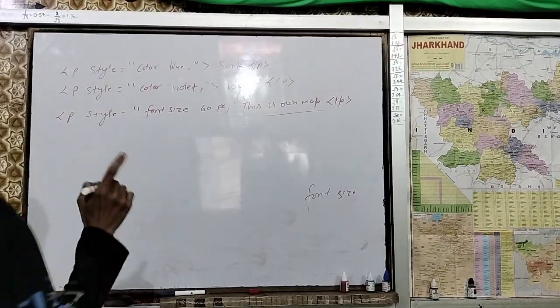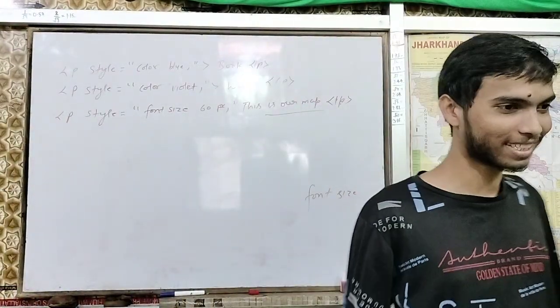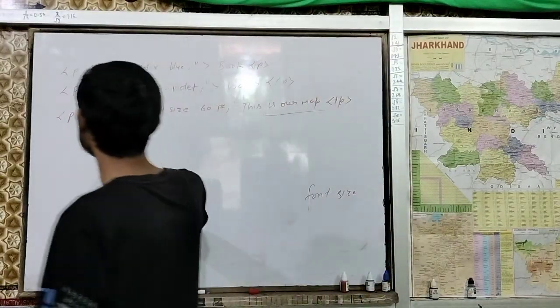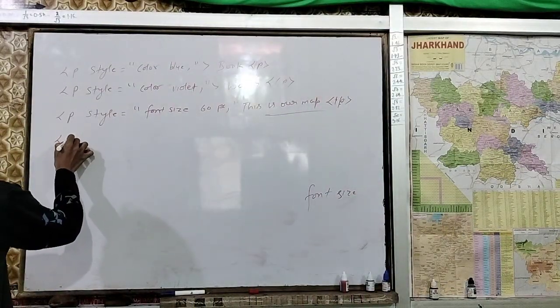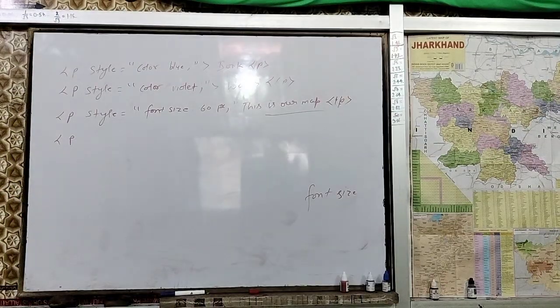Now next, background color attribute. So this, P, I think, not P, but here we are not going to insert what?